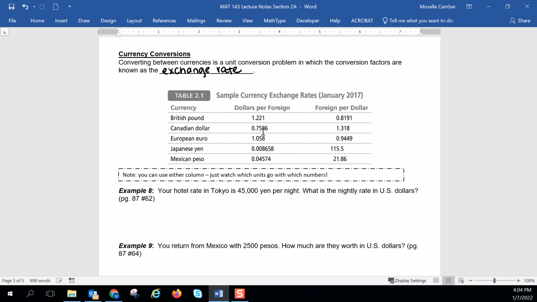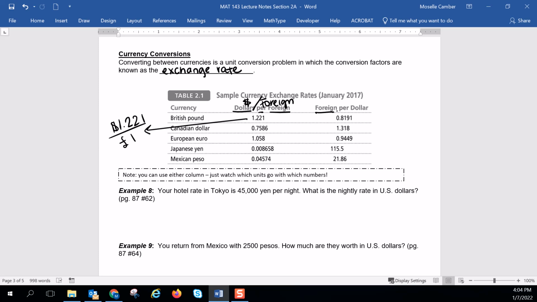Now there are 2 different rates we can use depending on how we want our units to fall. Notice in the first one we have dollars per foreign. So this is dollars. Per means divide. Foreign is going to be whatever we have down here. So for example, this would be $1.221 per 1 British pound.